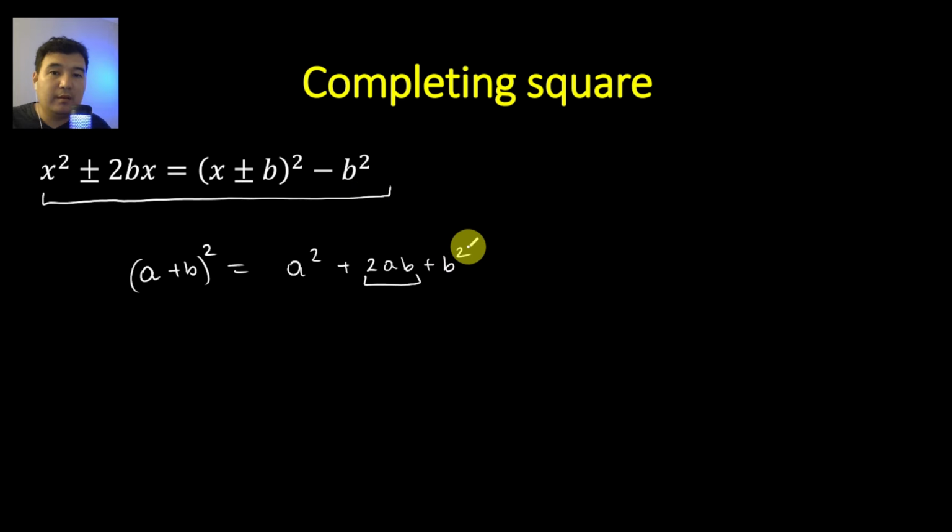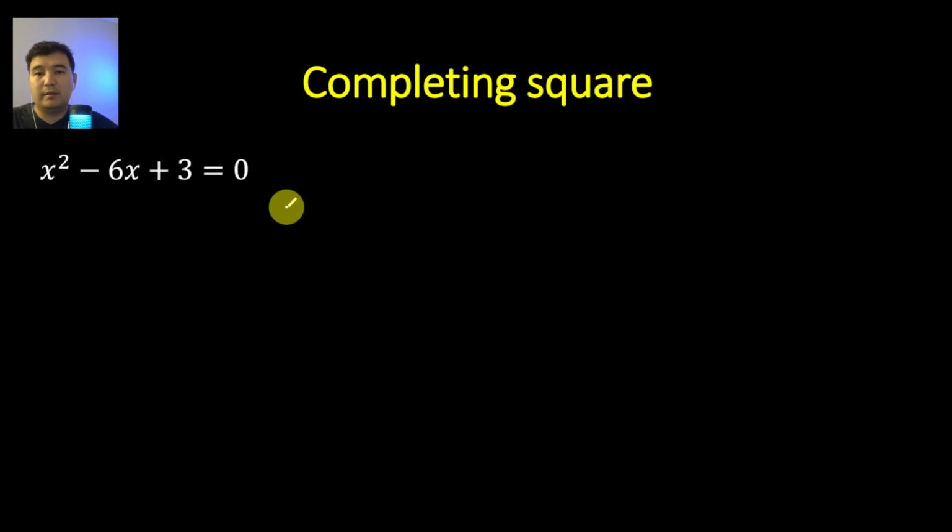If you take this b squared to the other side, you have (x plus or minus b) squared, open the parentheses, so exactly this formula. So that's something you can use to complete the square. So let's see a couple of examples.